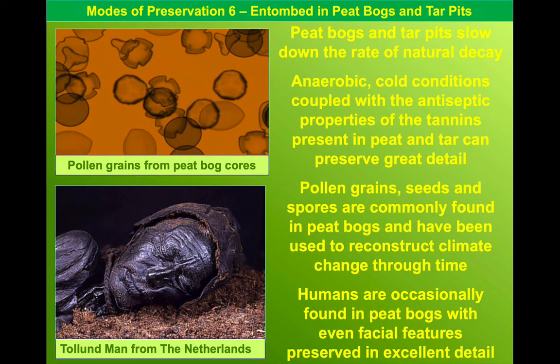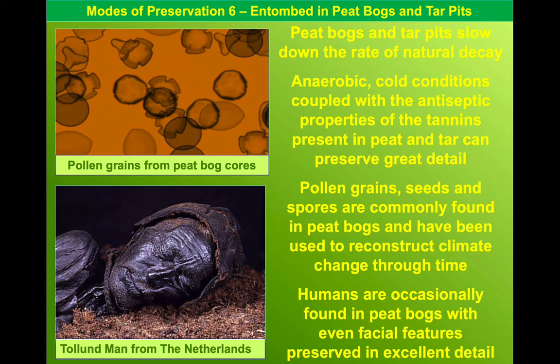We can find other types of fossils or subfossils preserved in environments where oxygen is excluded. Oxygen leads to decomposition, which leads to the destruction of a fossil. So if we have anaerobic conditions, for example, in waterlogged peat bogs, we can have fossils preserved.